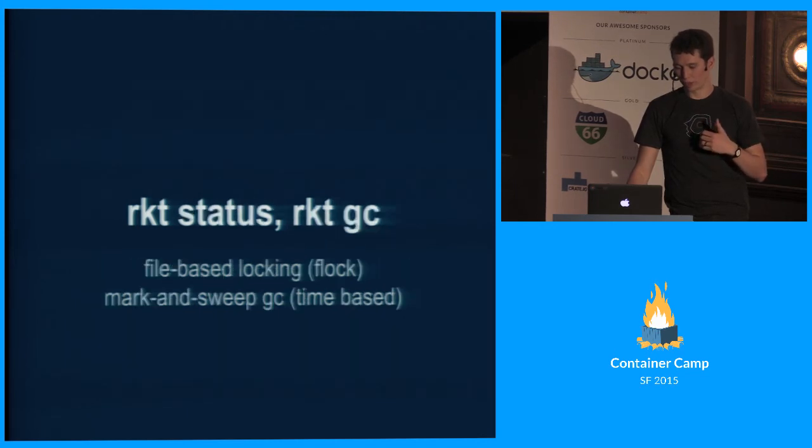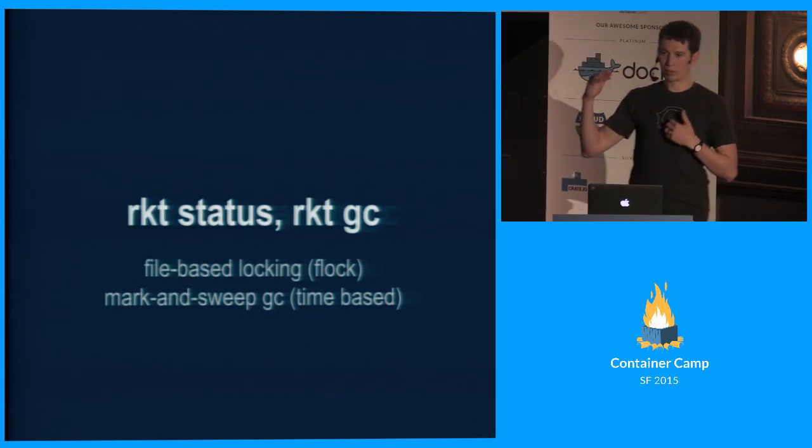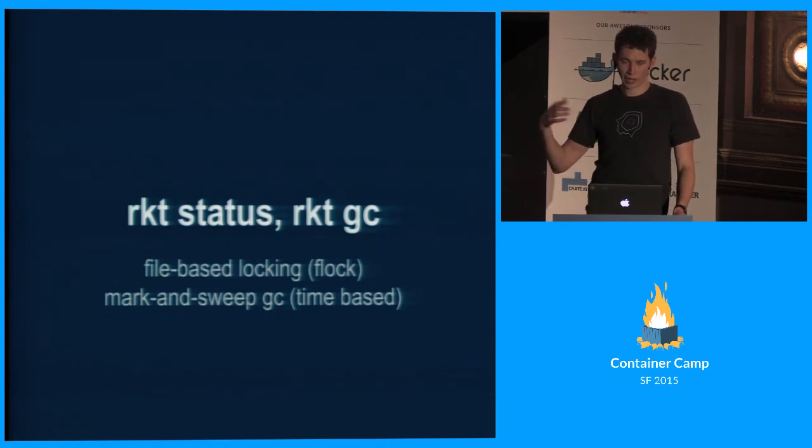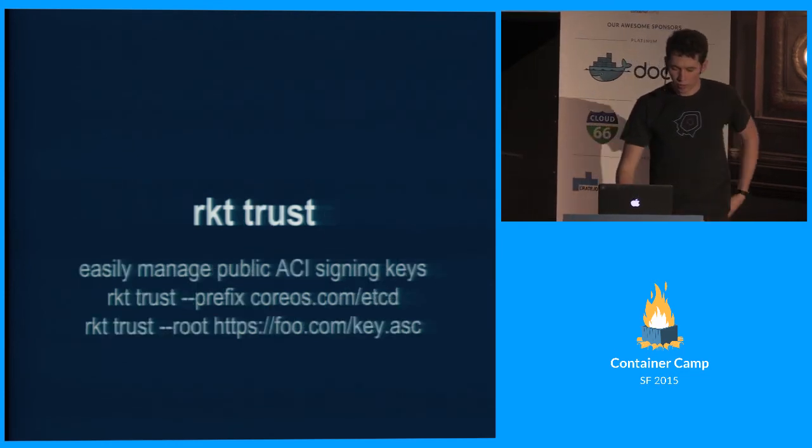And we're able to figure out the status and do garbage collection based on whether the process that was launched is dead or not. Garbage collection is an interesting one because it's not actually a long-running daemon. You could put it on cron or as a timer or run it periodically to garbage collect containers that have exited. And there are policies around whether you want it to be time-based garbage collection, et cetera.